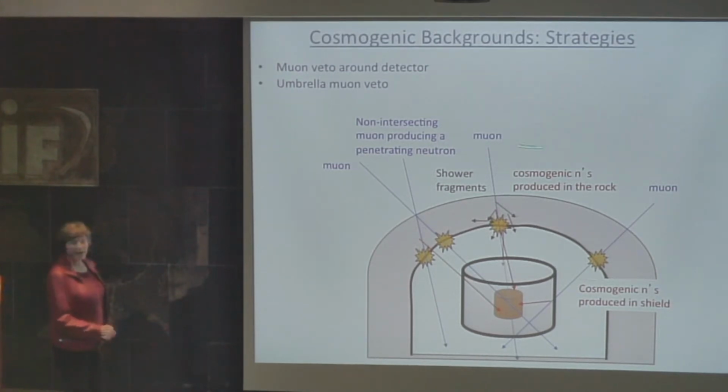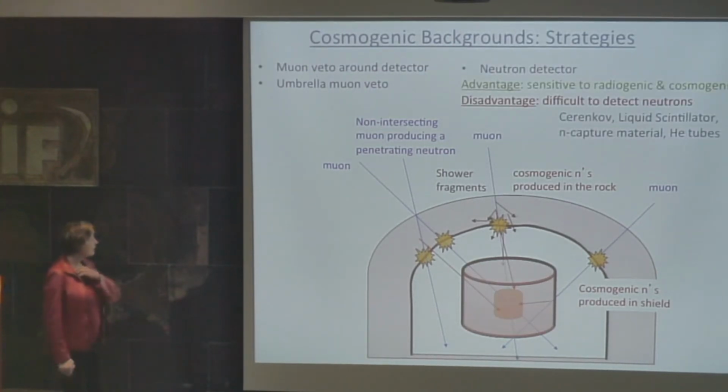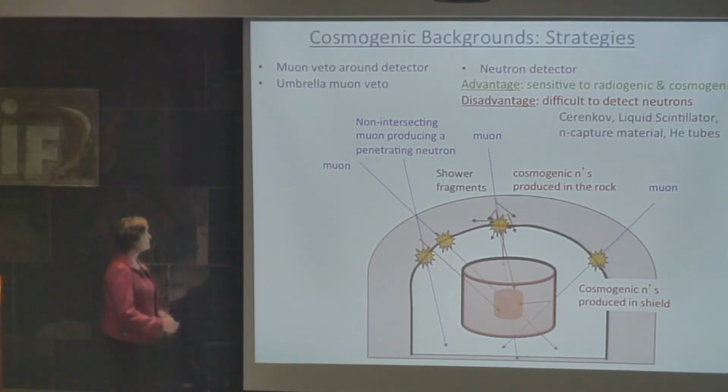Another strategy is to do something called an umbrella muon veto. So instead of just putting something close around your detector, put something as large as you can, because that will take care of some fraction of these as well. And finally, you can make an active detector, like a neutron veto.